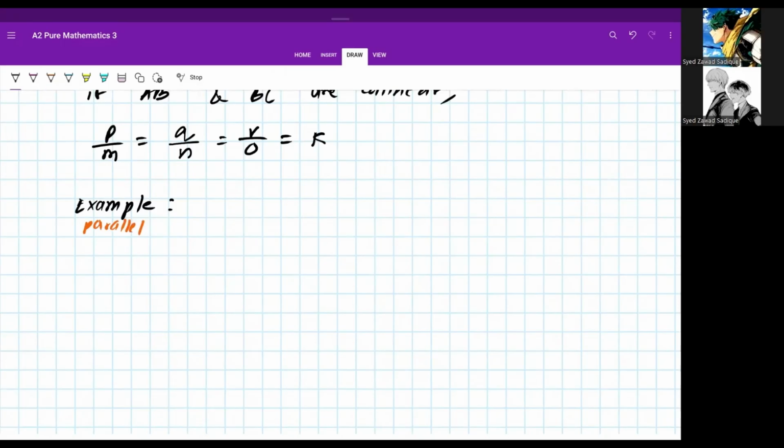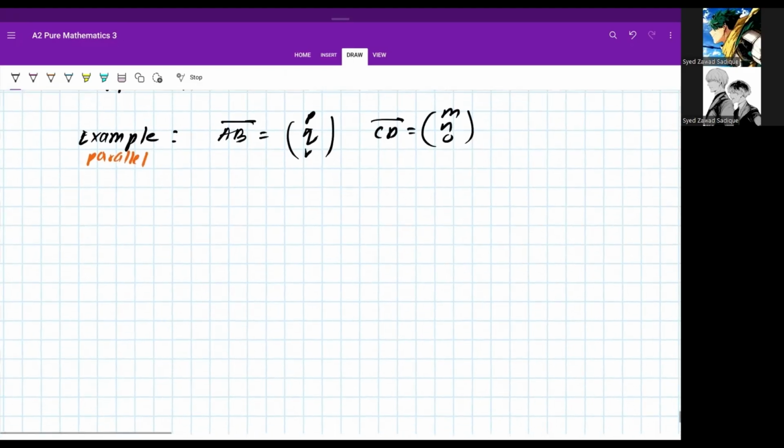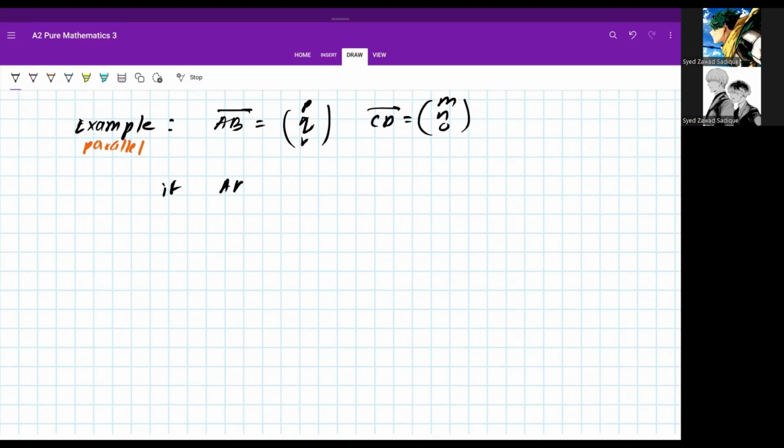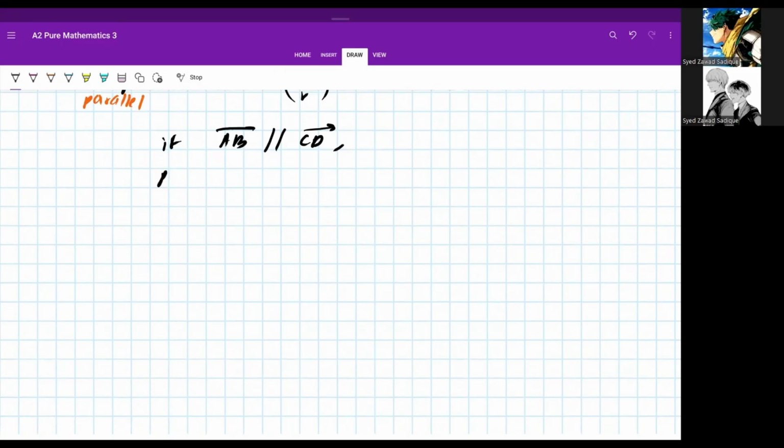So we can say AB is PQR and CD is MNO. Then if AB is parallel to CD, then P by M is equal to Q by N is equal to R by O, which is equal to K. Right.